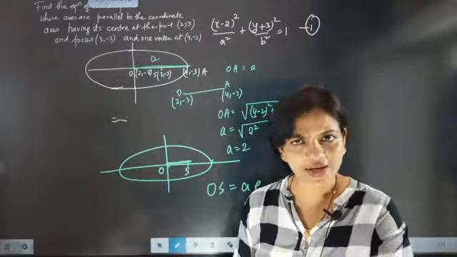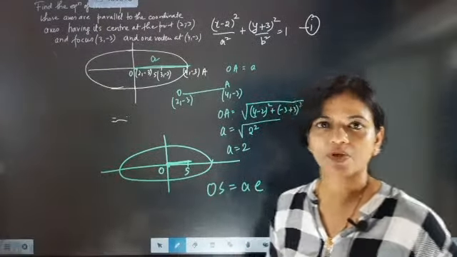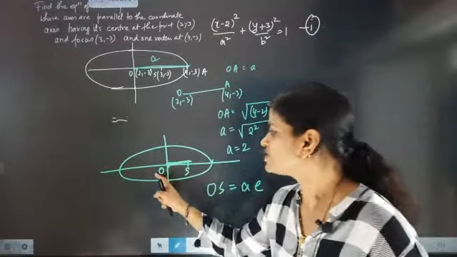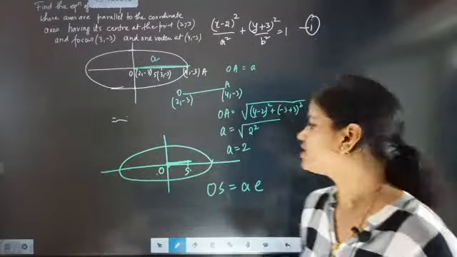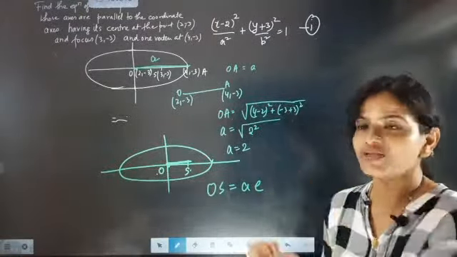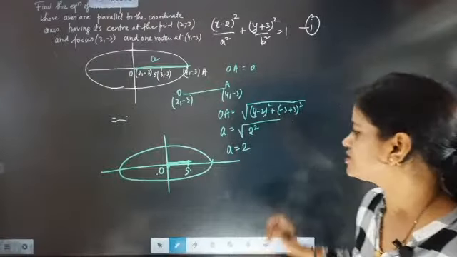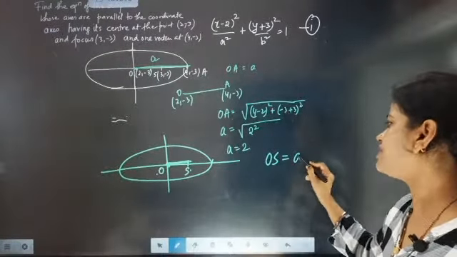From the center to the foci, the distance is AE. We all know that. Shall we encash that information? So now we are going to use this information.